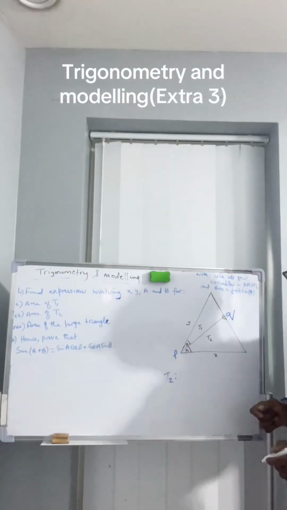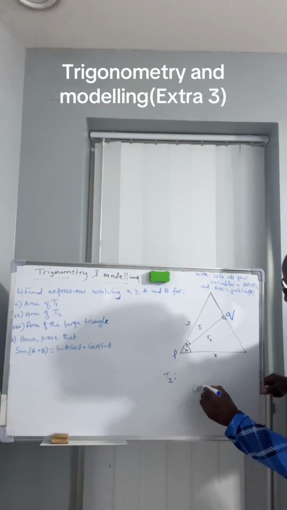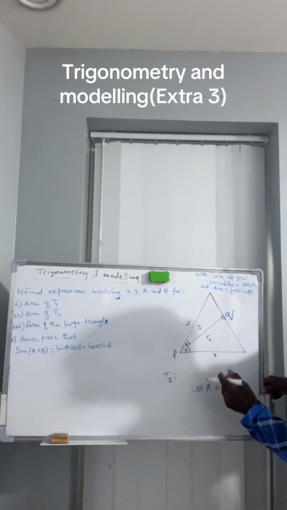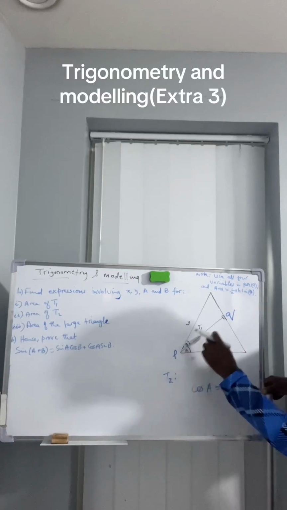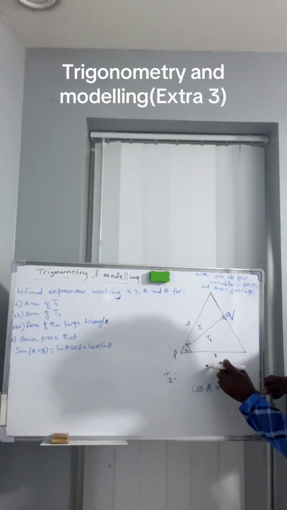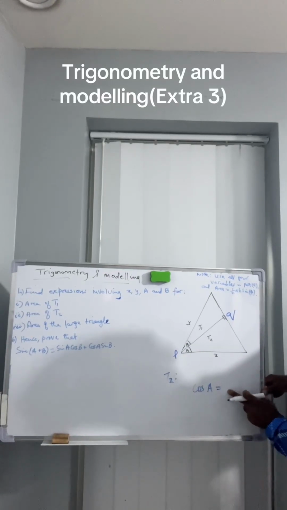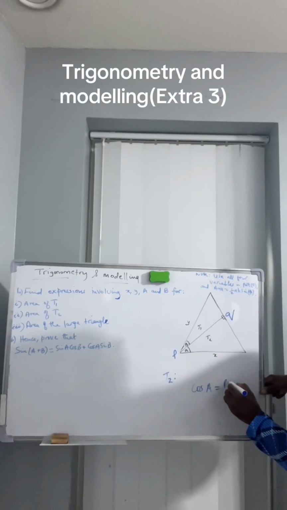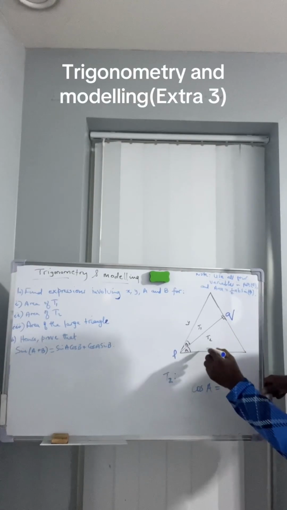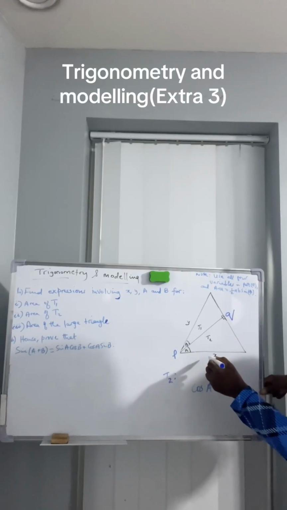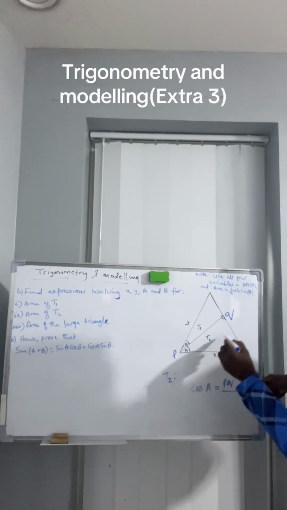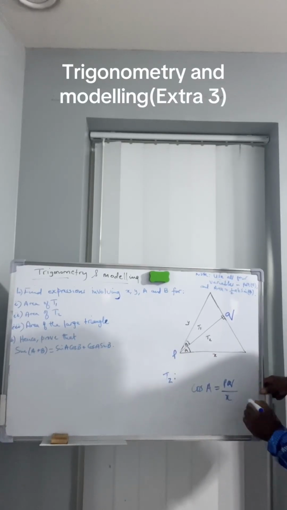You use the cosine, because cos of A will give you the adjacent, which is PQ, all over the hypotenuse, x.